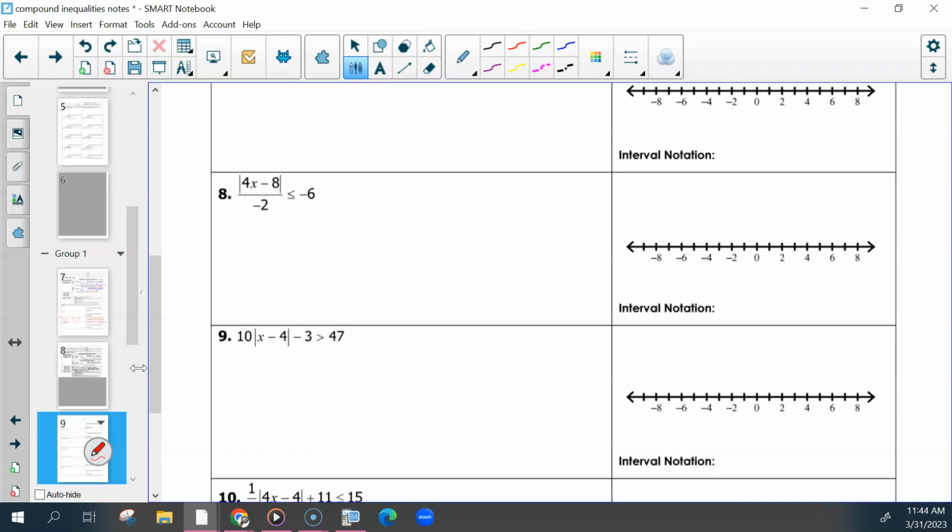So when you go to make your side note, right now this is less than, so it should be and. Say "should be" because if you end up dividing or multiplying by a negative and it changes the sign, it's going to change your type. So we have to isolate the absolute value first. How would we get rid of this -2?